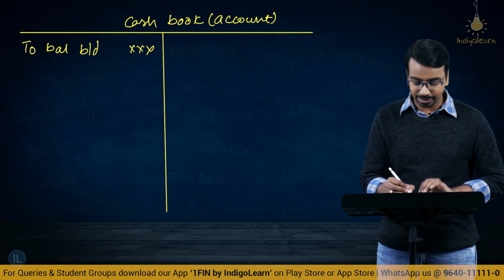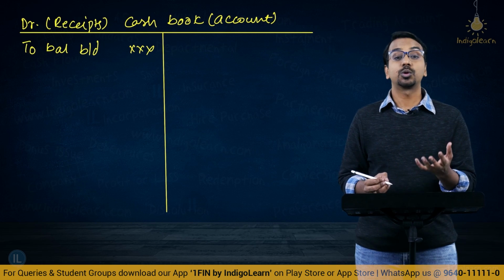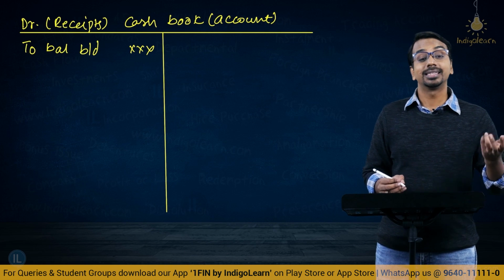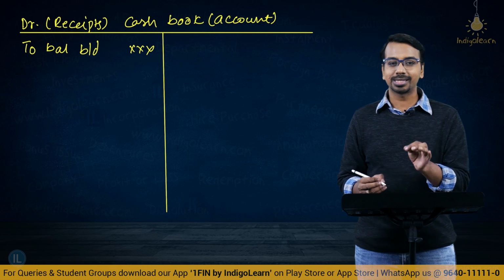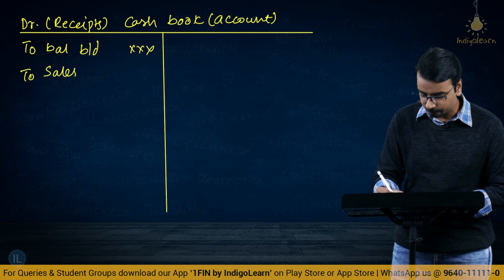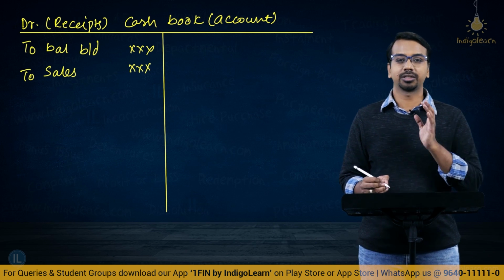Then on the receipt side, or the debit side, this side will capture all your receipts. Whenever you make sales, that item will be captured in this cash book. So you will say to sales, and capture some amount. Now when I say to sales, these are cash sales.